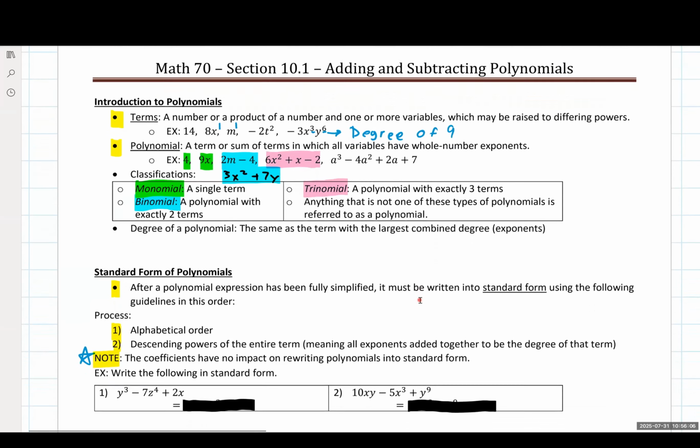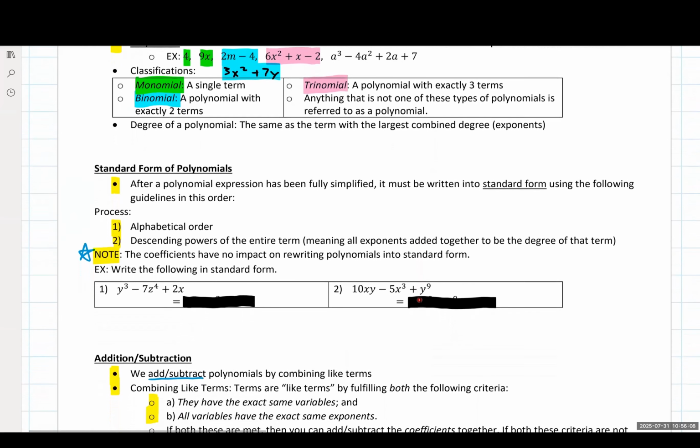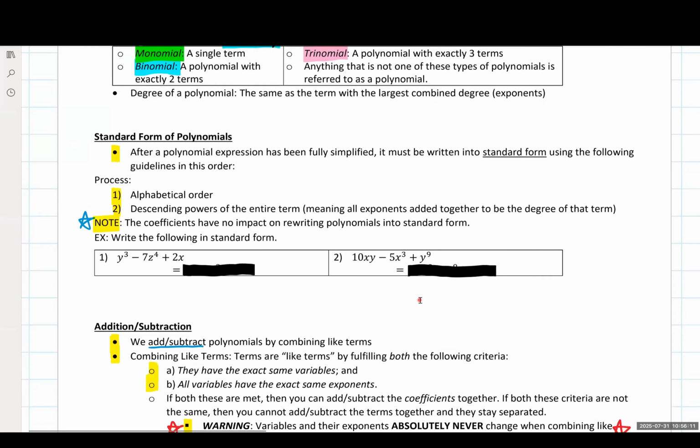So moving down to our standard form, this is just how we are going to simply rewrite polynomials after we've simplified them. So we're going to go through adding and subtracting polynomials together here shortly. And after we have done all of that, after we have fully simplified everything, and when we see simplify, remember, we're thinking PEMDAS with that.